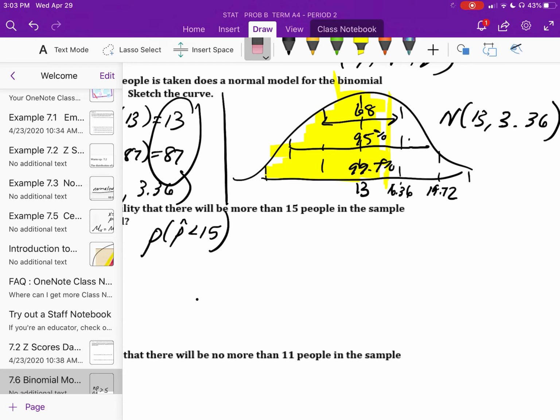We're not using proportions, so we're just going to call it X.